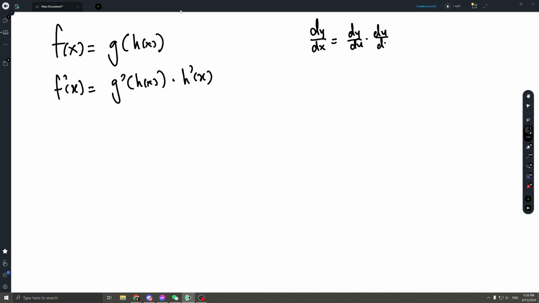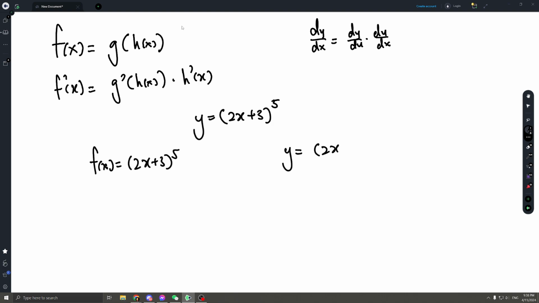What's a quick example? Let's say I have y equals (2x + 3) to the power of 5. On the left hand side, I could write it as f(x) equals (2x + 3) to the power of 5, and on the right hand side, I'll just keep it like this.